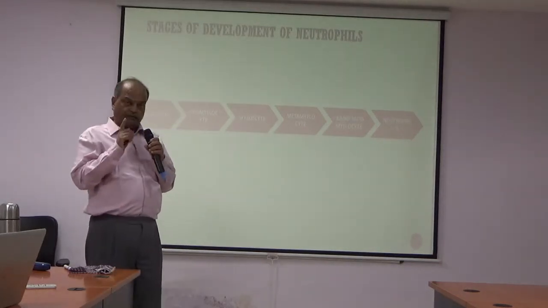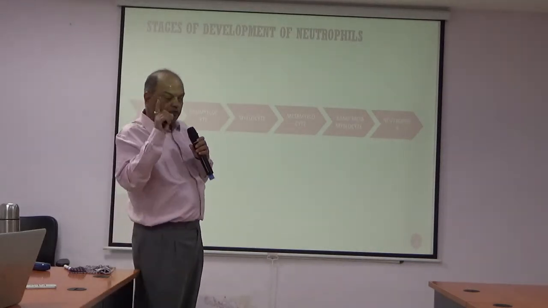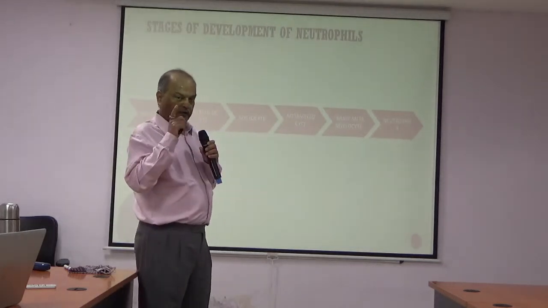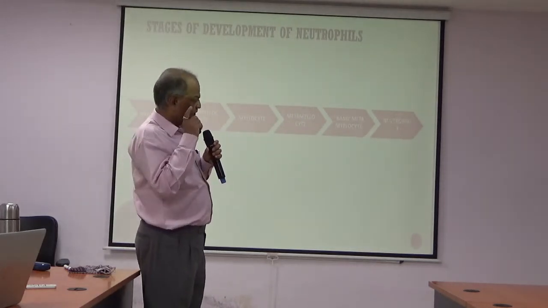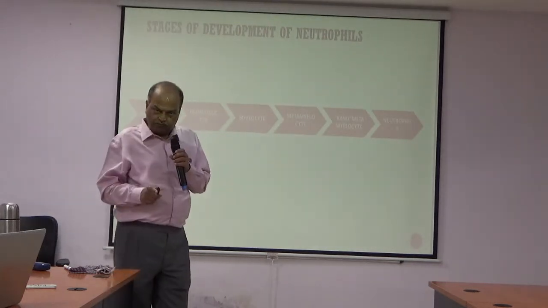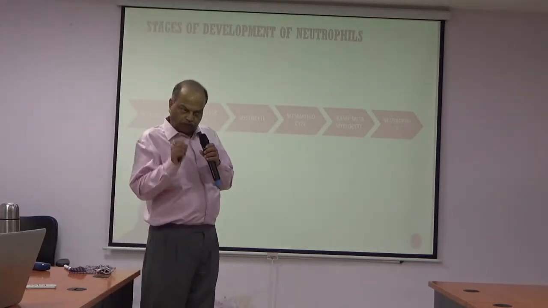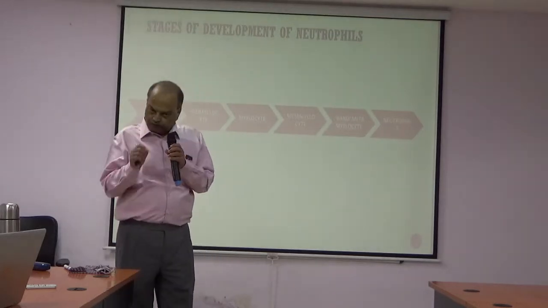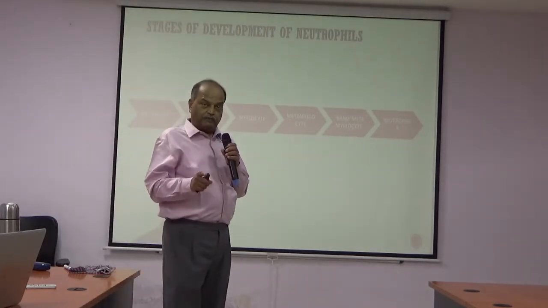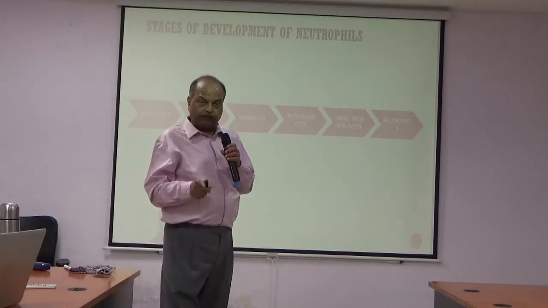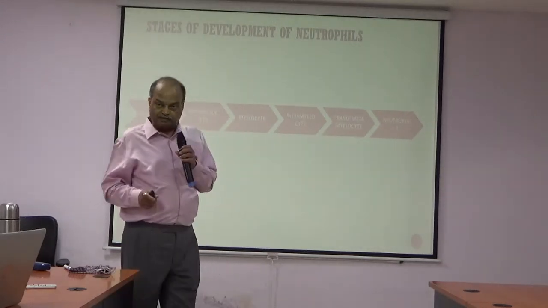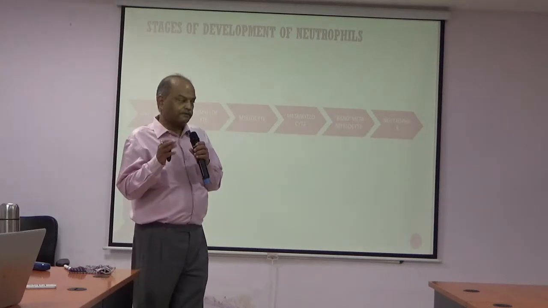So I repeat, the granules are of utmost importance. These granules allow the neutrophil to perform its function, and they are composed of different enzymes, lipids, and nucleic acids, with enzymes such as proteinases, metalloproteinases, sulfatases, and so on.